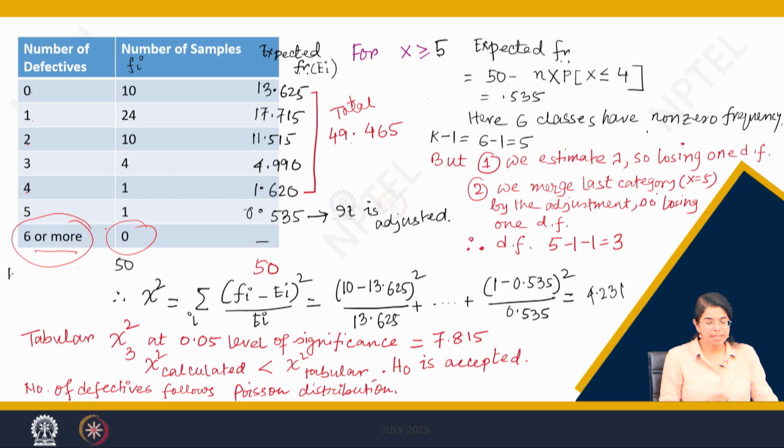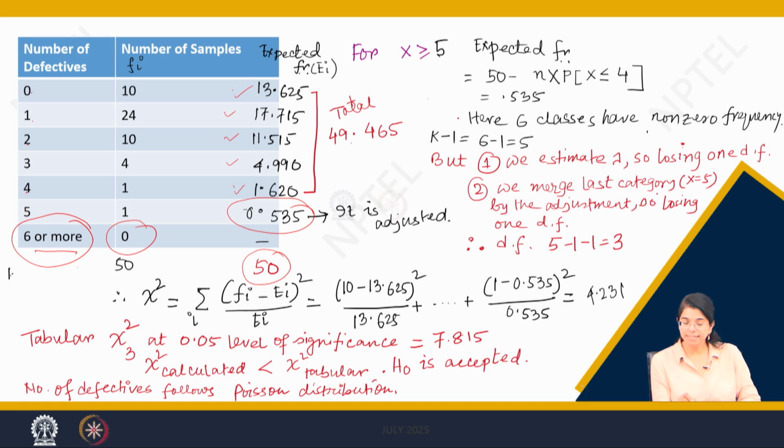Number 1. Number 2, as I told you, total expected frequency must be 50. That will match with the total number of observed frequency. So you have to estimate the last class expected frequency. How? By 50 minus the expected frequency of this class, this class, this class, this class, and this class.